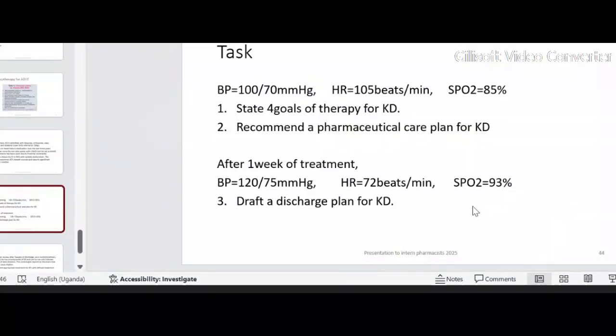Talk about the fine crackles. Talk about these things that look obvious, but you should be able to articulate them. Talk about the fluid overload, the edema. I would say the fourth goal of therapy is lowering the patient's edema, addressing the edema. Okay.